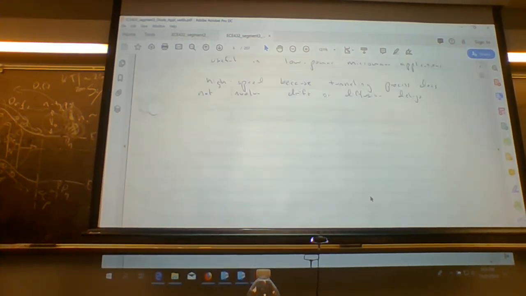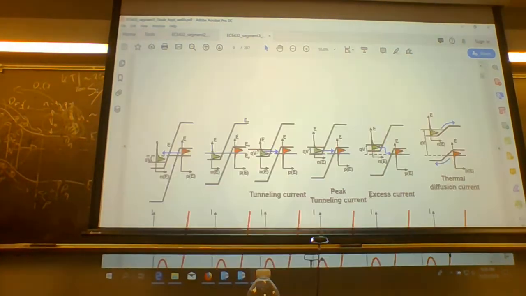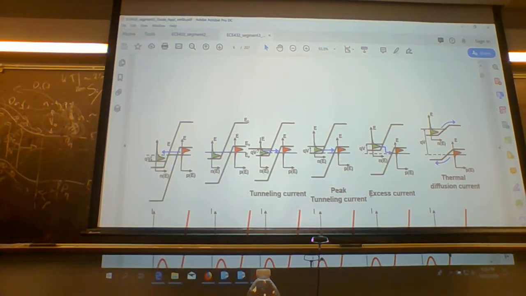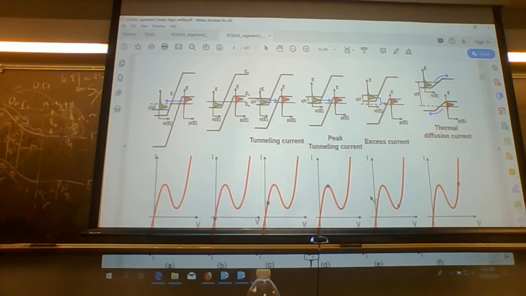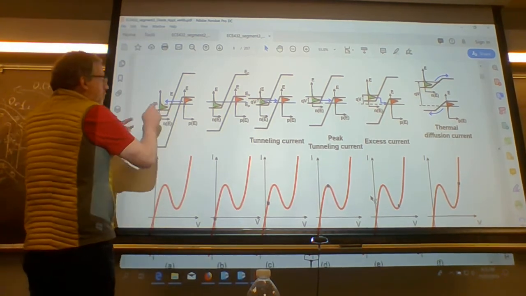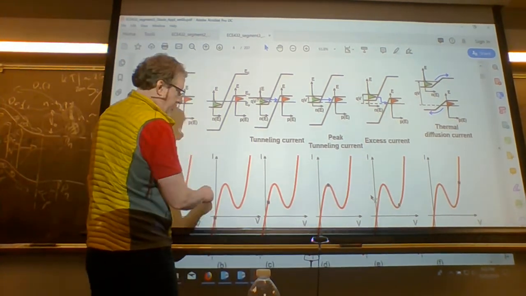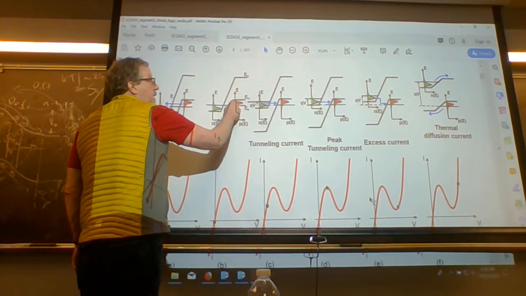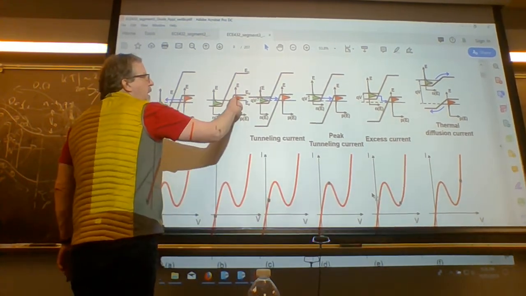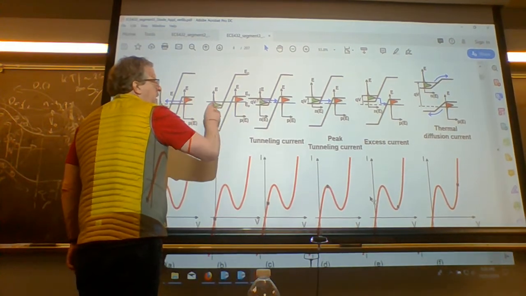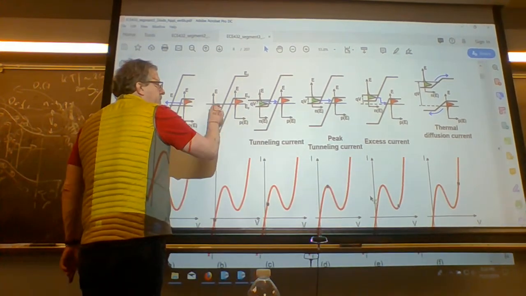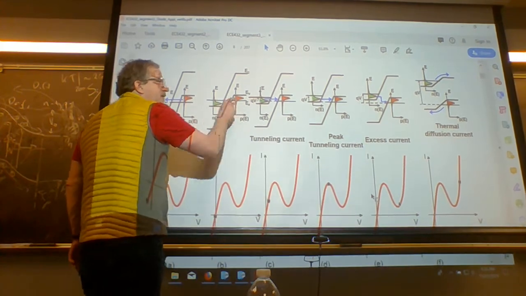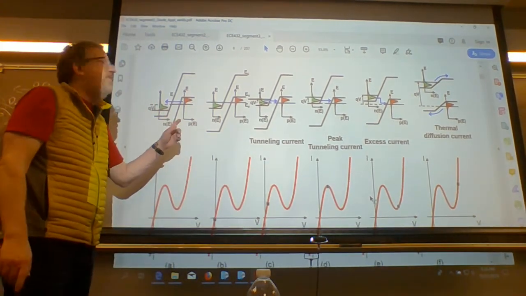So you can see the keyhole effect. Actually, let's start here. It's doped so highly that I have a lot of holes here and a lot of electrons here. The Fermi level is in the conduction band on one side, and the Fermi level is in the valence band on the other, so we never saw that before.